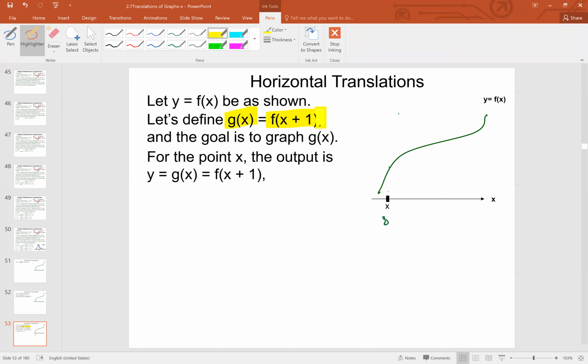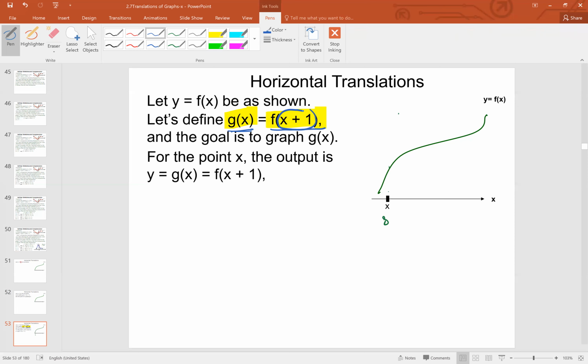That's the important point. I want to emphasize this because a lot of these horizontal things, concerning plugging in something to change the x, are related to how the graph will be changed. It is through this angle that you will see why the things move to the left. The instruction says to find out what g of x is, you go to f of x plus 1.